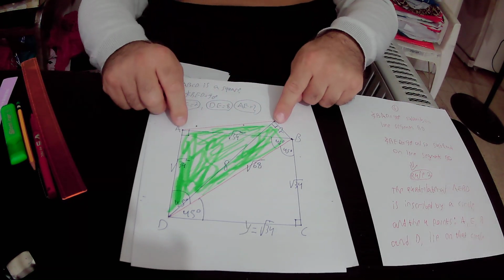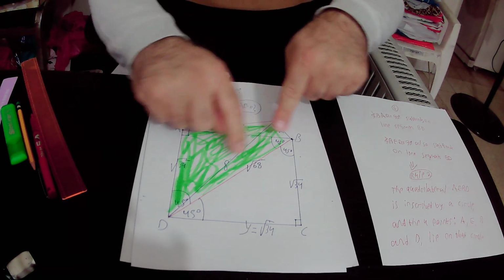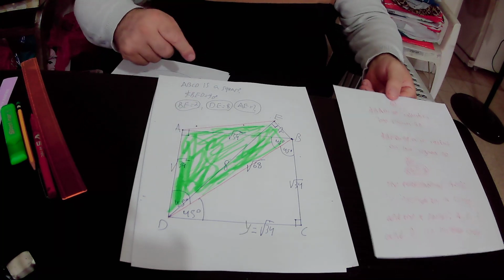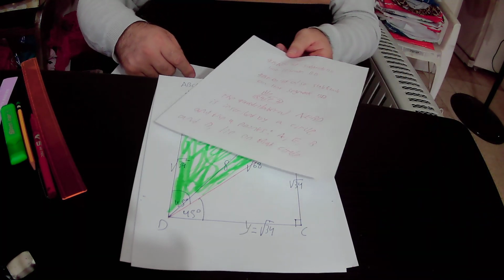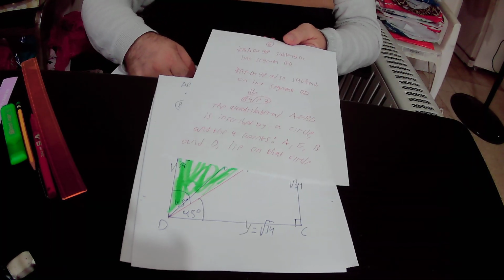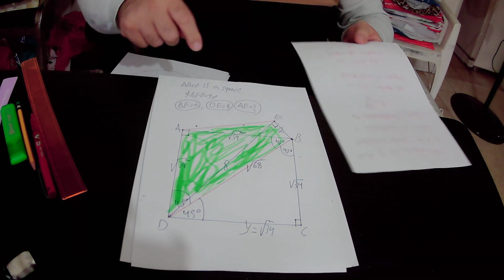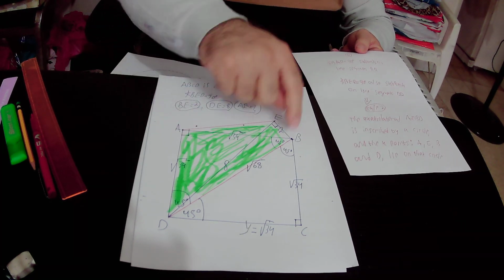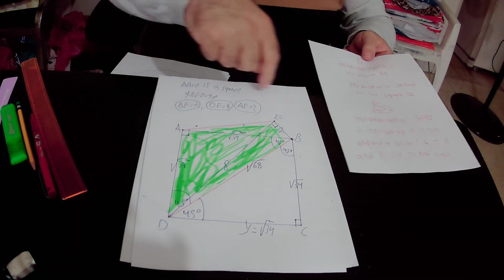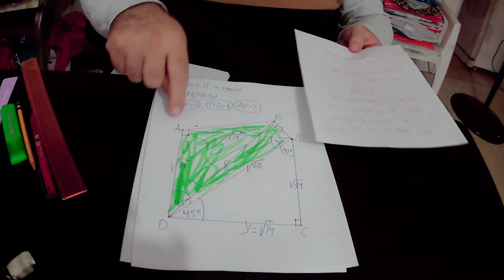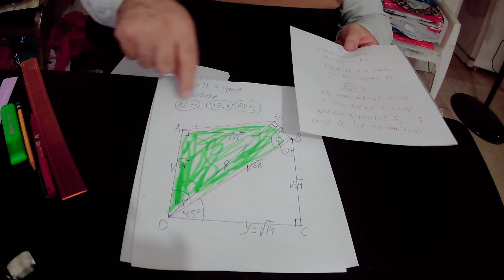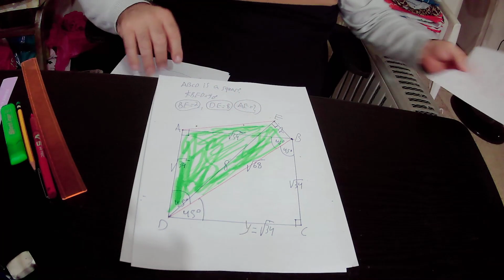So we have two equal angles that rest on the same line segment BD. Therefore, according to rule number 2, the quadrilateral AEBD is inscribed by a circle, and the 4 points A, E, B, and D lie on that circle.